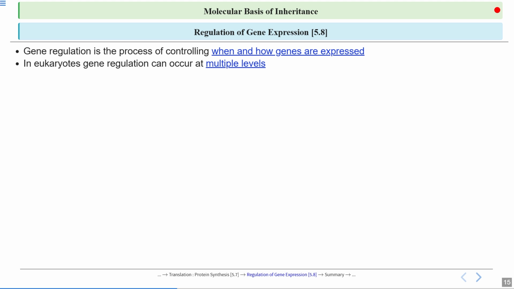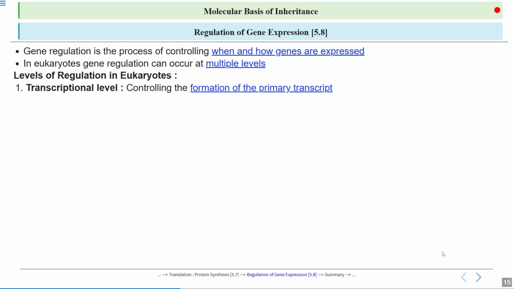In eukaryotes, gene regulation can occur at multiple levels. So what are the levels of regulation in eukaryotes?